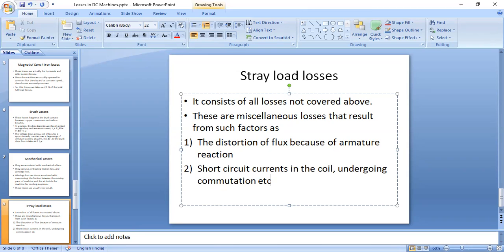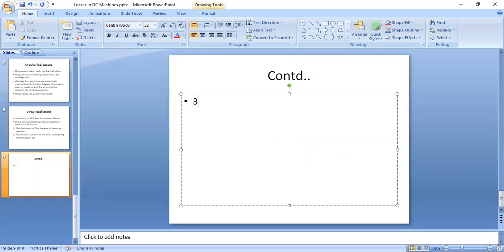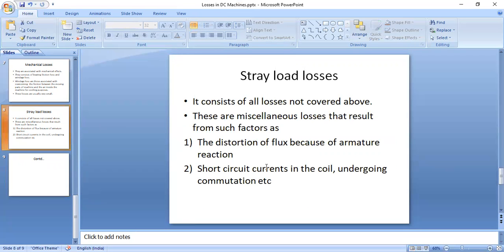Commutation is the process by which we convert AC to DC. So short circuit current is present in the circuit at this time, and because of that you can also get stray load loss. These are the factors contributing to stray load losses, and these are only the two. There are no further losses. First one is distortion, second one is short circuit.